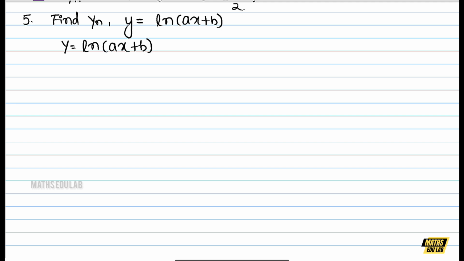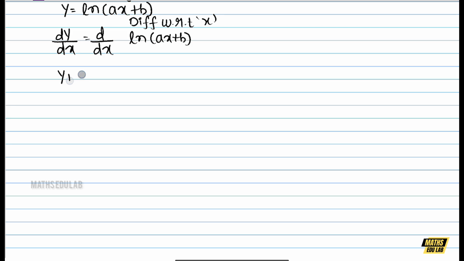On differentiating, we get dy by dx, which is the derivative of ln(ax + b), differentiating with respect to x. Now y1 is equals to the derivative of ln x, which is 1 by x, that means 1 by (ax + b), and the derivative of the inner part will be a.